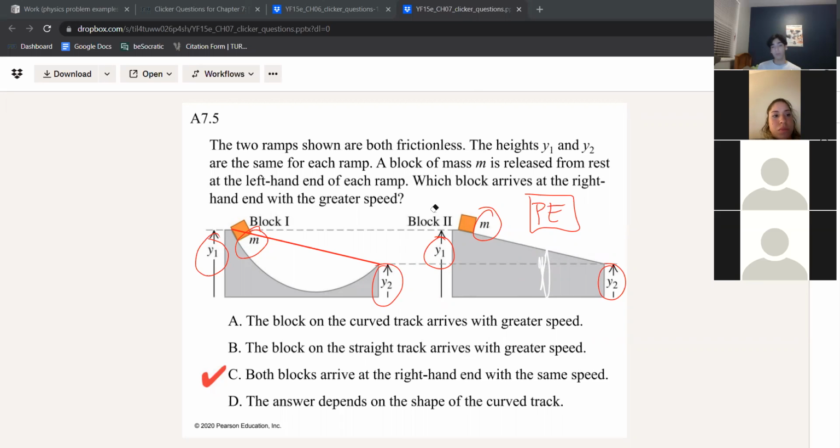Sam? Yeah. I'm sorry, I was just asking, do you think the thought process I'm having is correct? Do you think it's this difference right here in angle that would make it arrive at the same time? Yes.